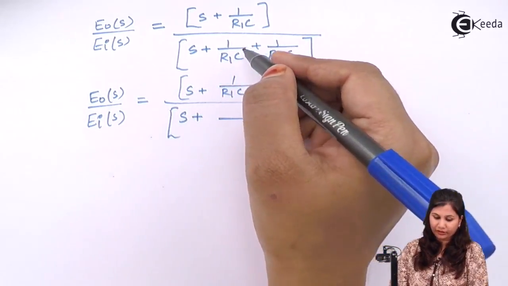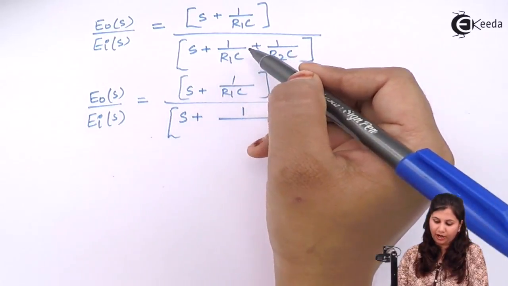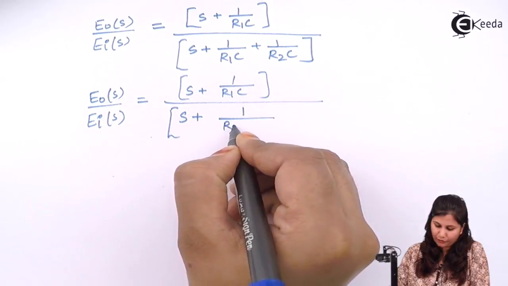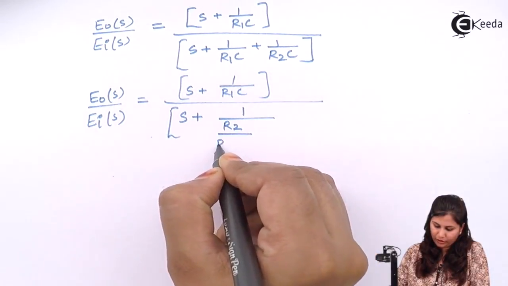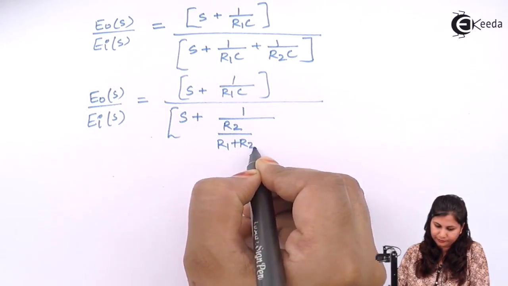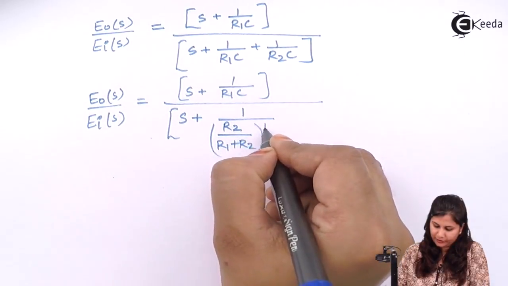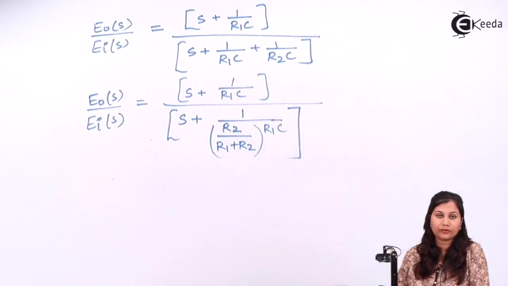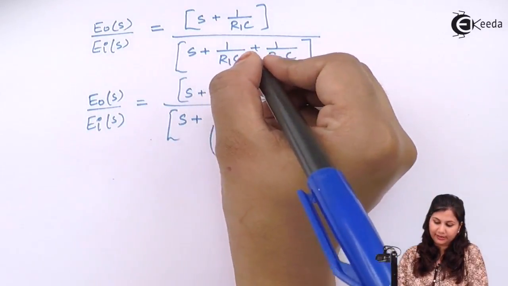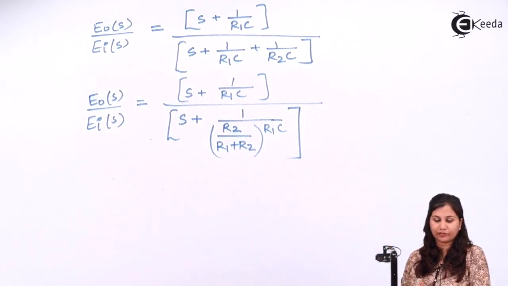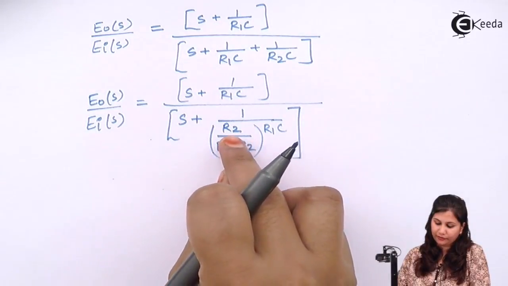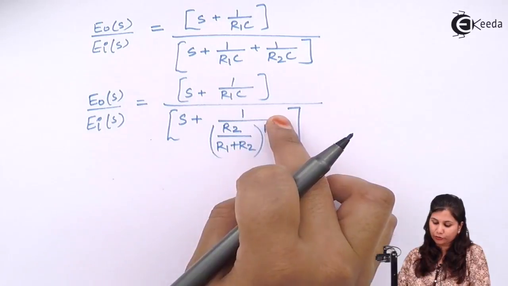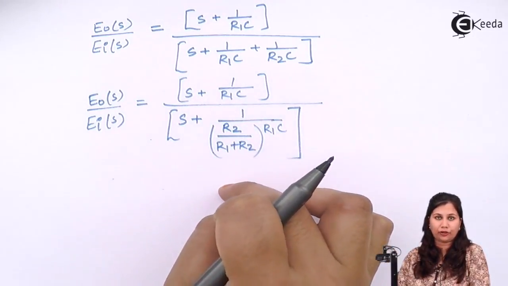So when we take the inverse, it becomes R2 upon R1 plus R2, and here we will have R1 C. We have just taken the LCM and taken the reverse of it, so it is R1 R2 C. The numerator term was R1 plus R2, so we bring it into the denominator.